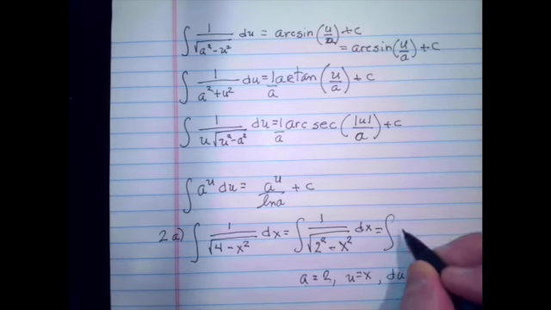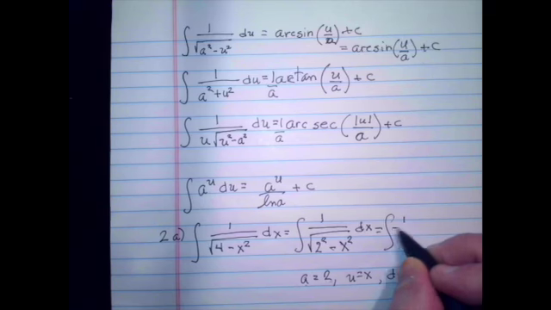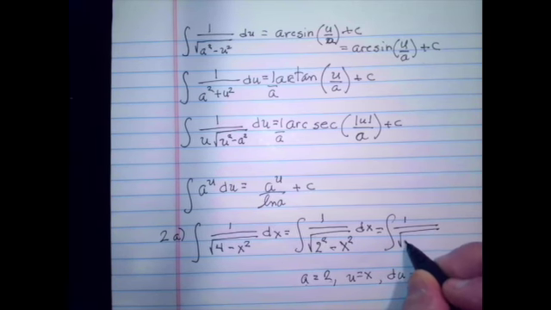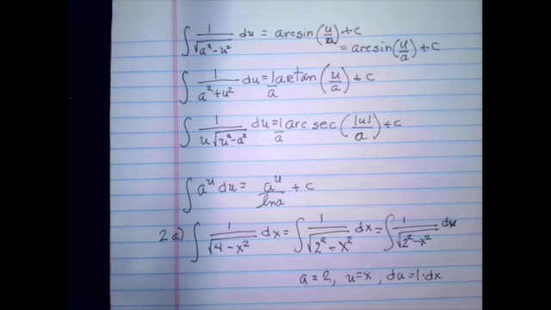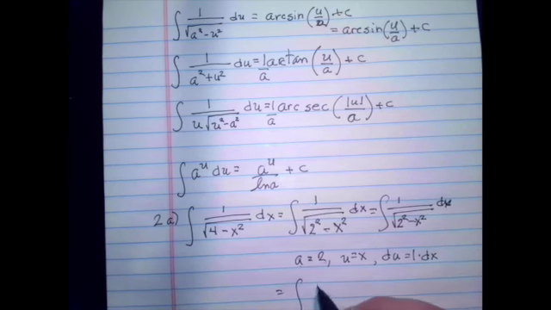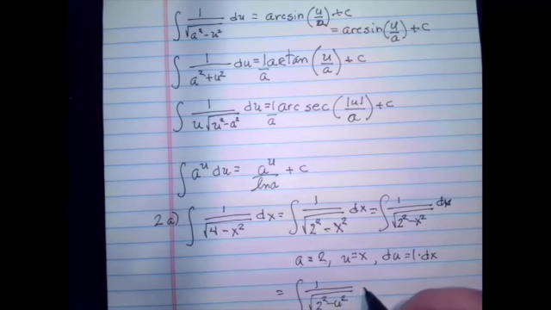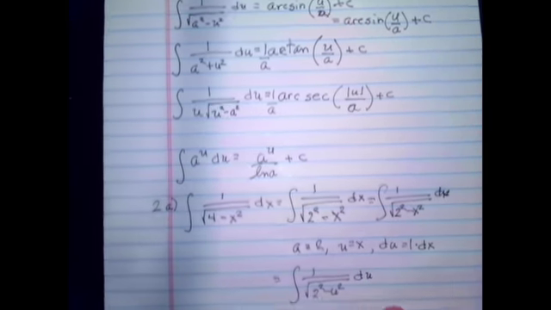So what we've got is 1 over the square root of 2 squared minus x squared dx, or if you like, 1 over the square root of 2 squared minus u squared du.